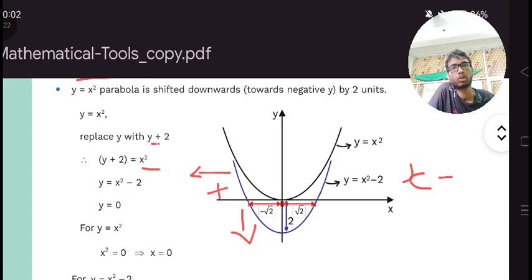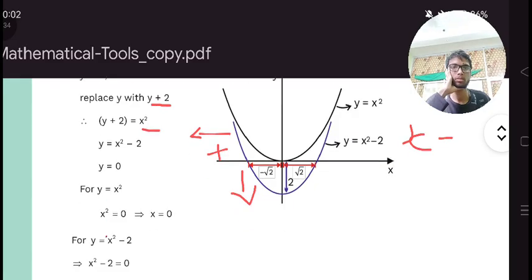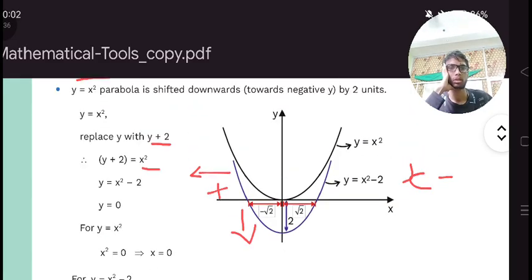And here y is equal to minus 2, then it will become x square minus 2. This is 2, this is also 2.